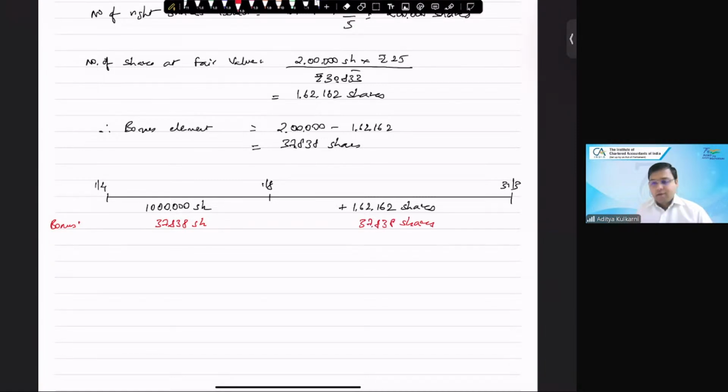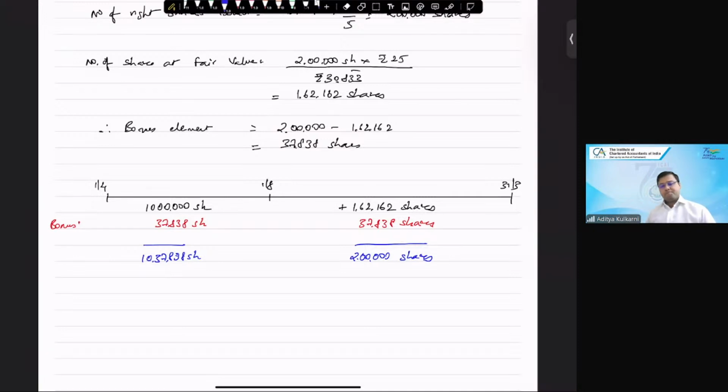Yes, sir. All clear? Yes, sir. So what is your total number of shares? 10 lakh, 37,838 shares. And here it is 2 lakh shares. Yes?